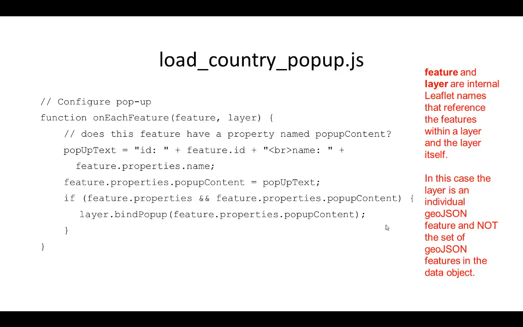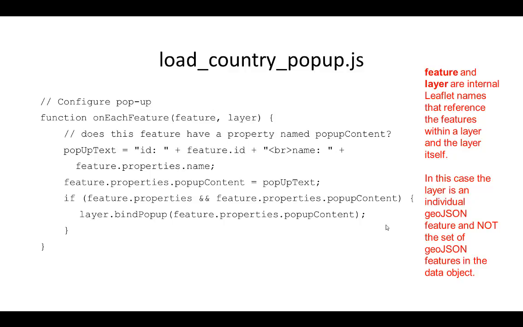L.geoJSON takes that whole list of GeoJSON objects and starts processing them and adding them to the map. It takes each GeoJSON object and pumps it through the style, applies the style, and then runs the on each feature code on it. This one. So one country is coming into here at a time. We're grabbing that country, which is defined in the feature.